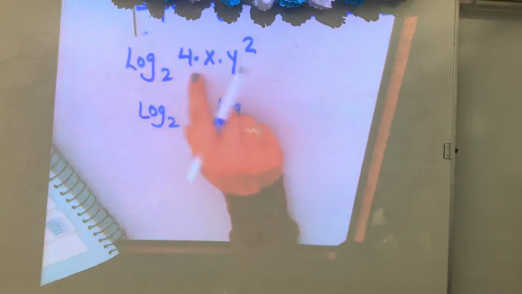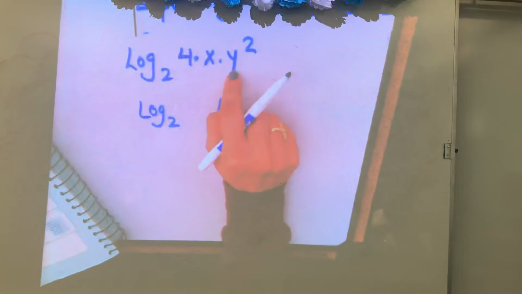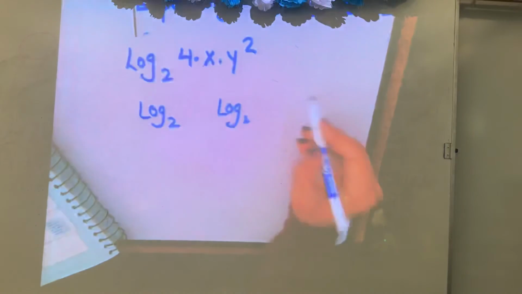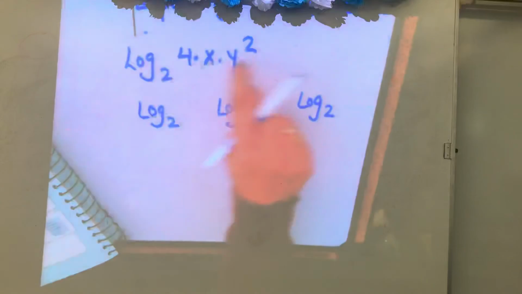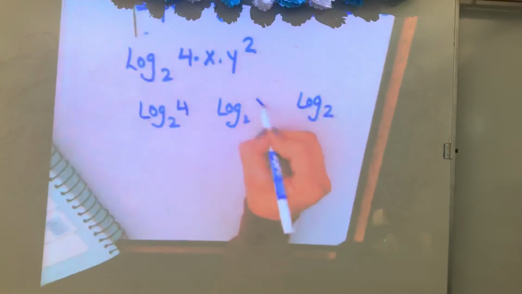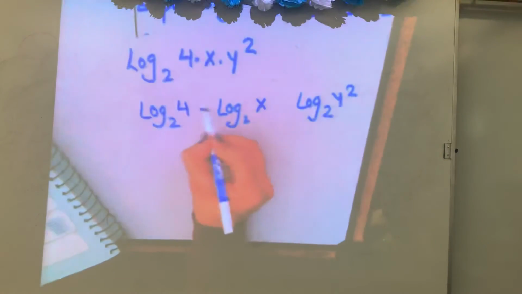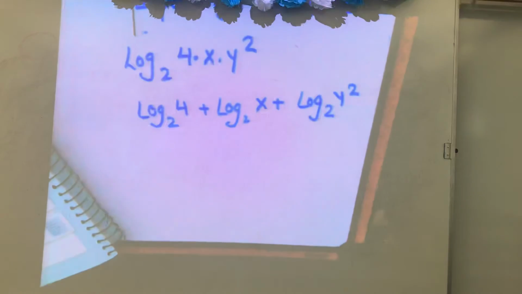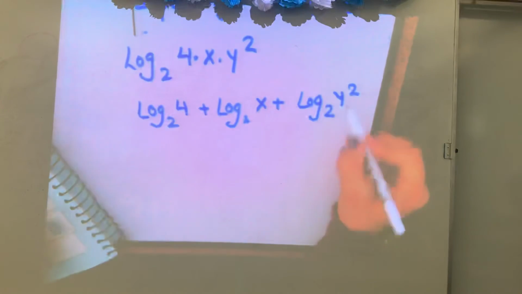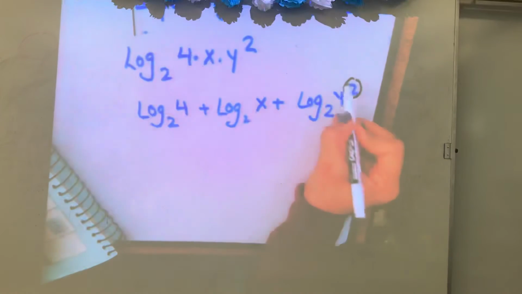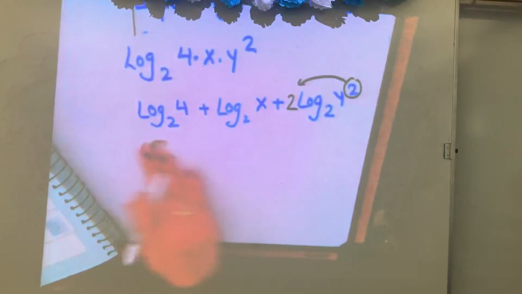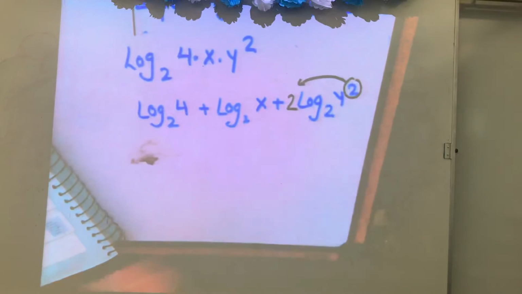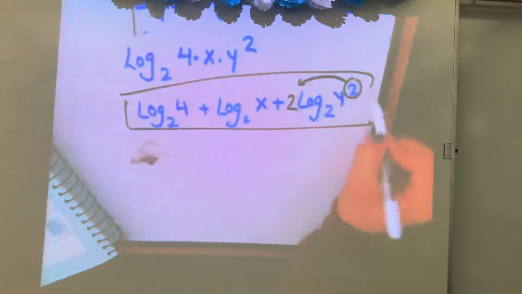I see 3 different pieces, and you have to take every single piece, whether it's a number or a variable. So I would have 3 log terms with the same base 2, all getting multiplied, so I put 4, x, y to the second, with pluses in there. The last term has a square on the top, so based on the last property, you move this 2 to the front. So that would be my answer.